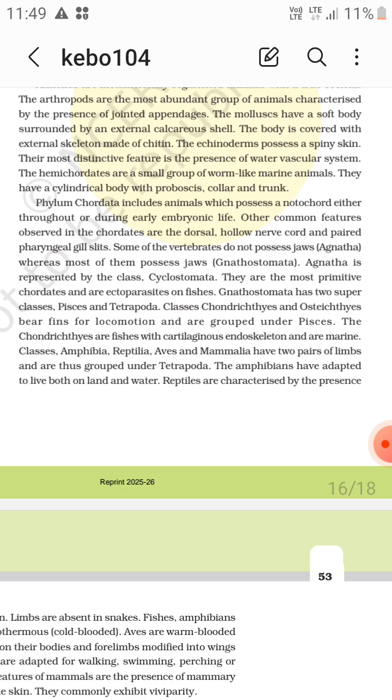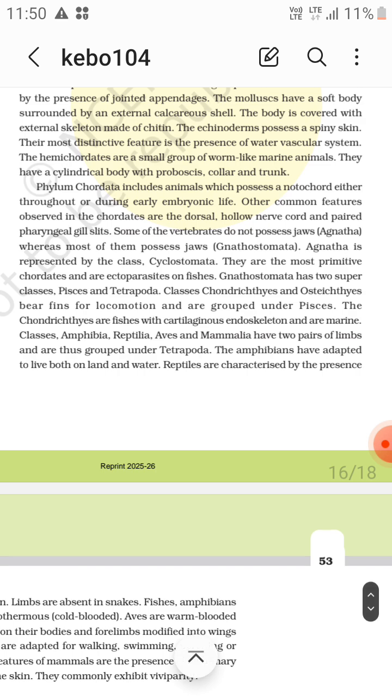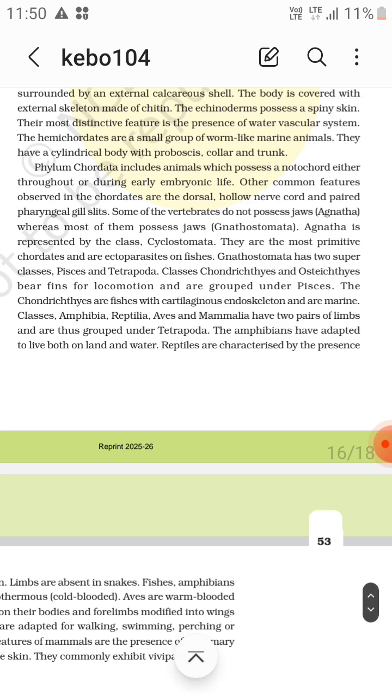Now, some of the vertebrates do not possess jaws. Examples: Agnatha. Whereas most of them possess jaws, that is Gnathostomata. Agnatha is represented by the class Cyclostomata.